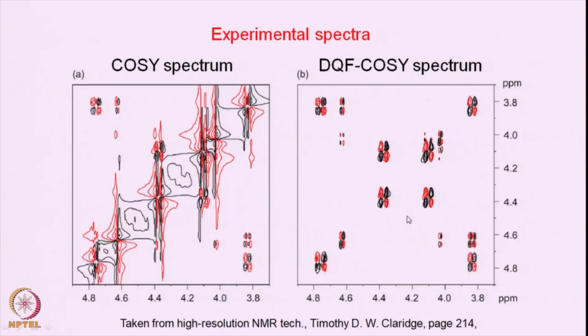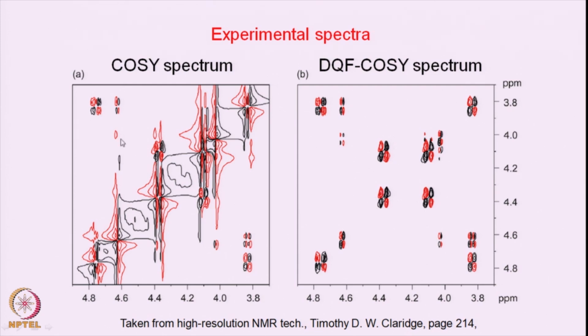You see the experimental spectrum, there is a comparison here. For a simple small molecule, this is taken from this book here, and at page 214 you can see the phenomenal improvement in the resolution around the diagonal. So you see all those things which are very close to the diagonal, you can't see them here at all, and those ones are very clear in this spectrum, and they are very well resolved.